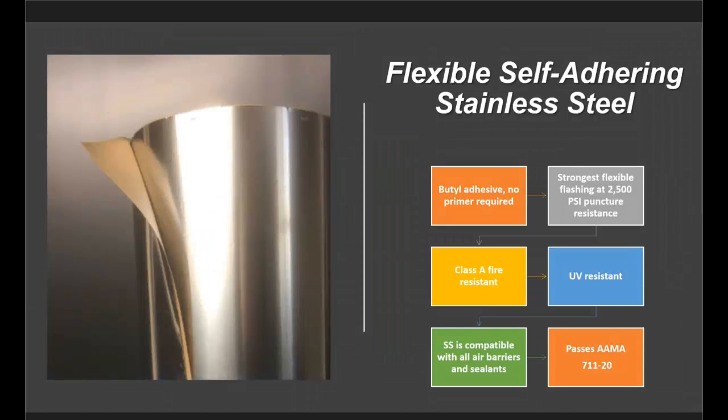Here's the evolution of peel and stick. Where we've come, where we're going, it's a product that's 2 mils of stainless steel, 10 mils of butyl adhesive. The thickness of this doesn't change based on where you're going to use it. So I'm going to show you a couple applications that are different than through-wall flashing. It's still the same darn product.